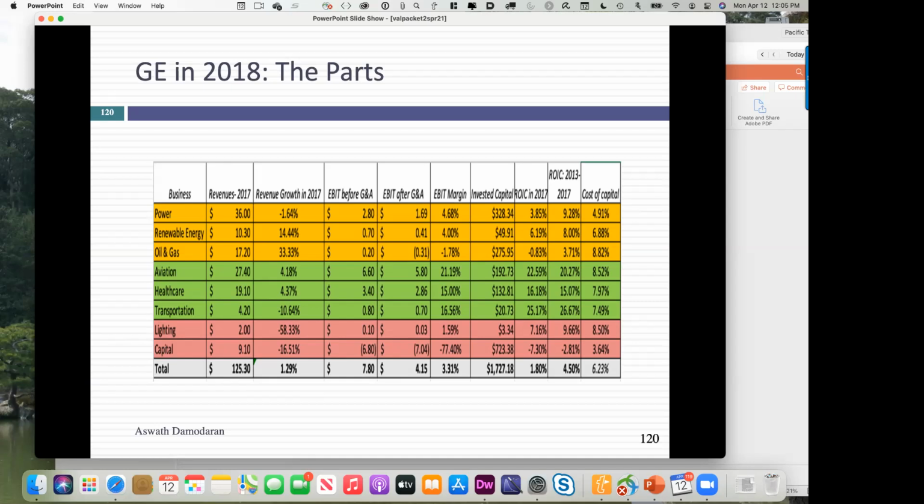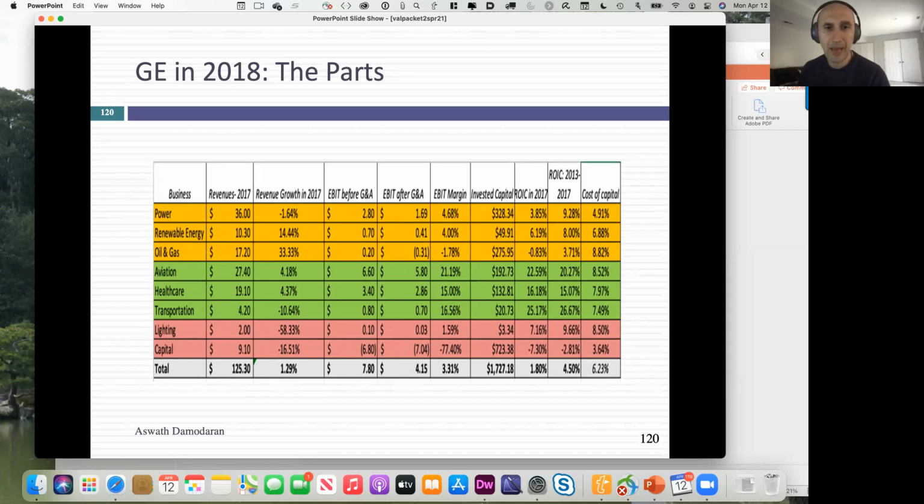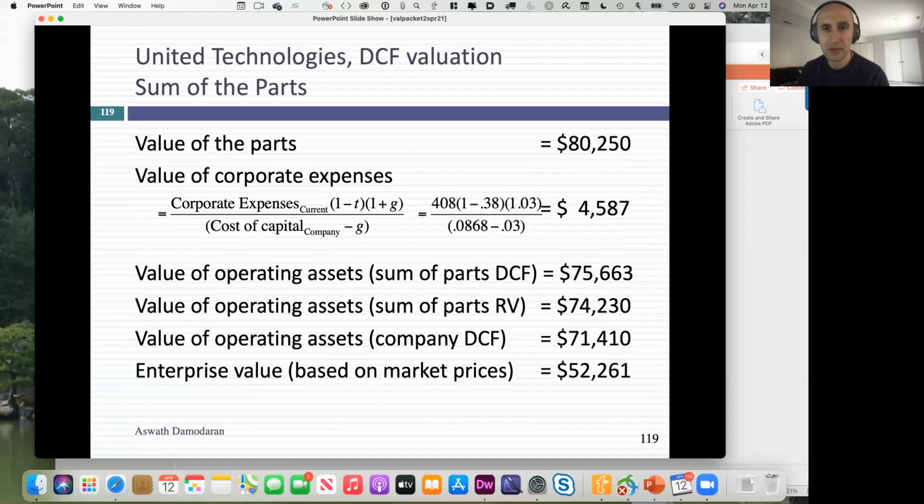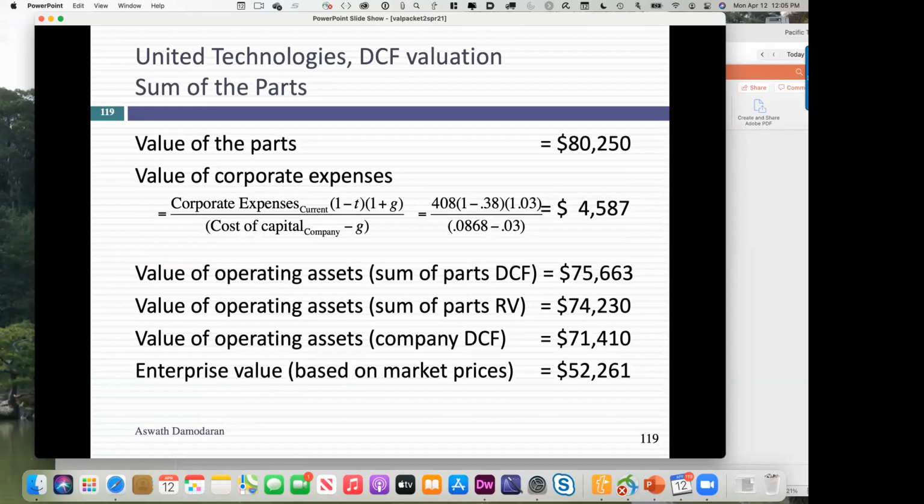Yeah, go ahead. But so you don't think about the value those shared services add to the organization? Well, you could, right? I could allocate the 408 million, but then I have to decide, do I allocate based on revenue? So rather than do that, I'm going to say, look, this is a corporate level cost. I know the corporate cost of capital. I'm going to take the present value of the cost and subtract it out from my overall value.